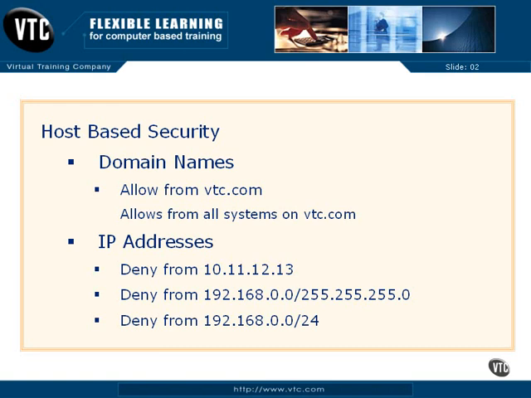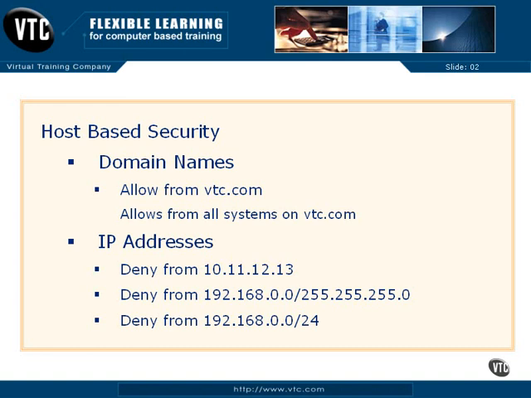You could use different combinations of IP addresses: a specific IP address, such as deny from 10.11.12.13, a network netmask pair in regular notation, such as 192.168.0.0/255.255.255.0, or the equivalent network address in CIDR notation.